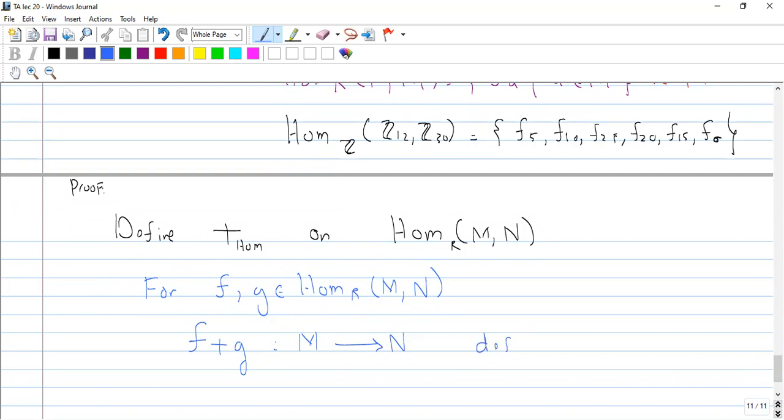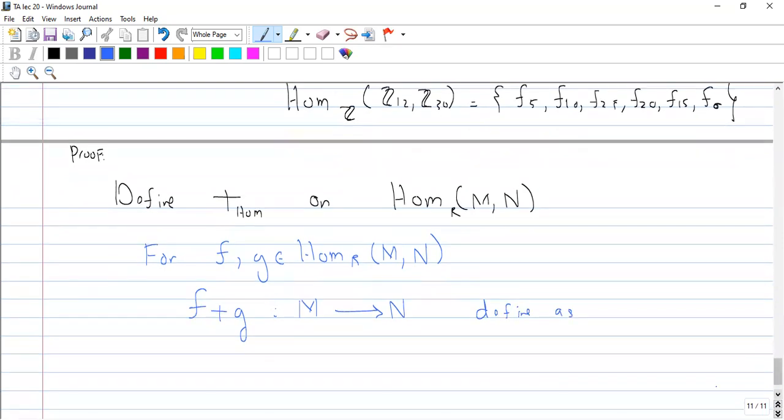Define as (f plus g)(x) is equal to f of x plus g of x for all x in M.